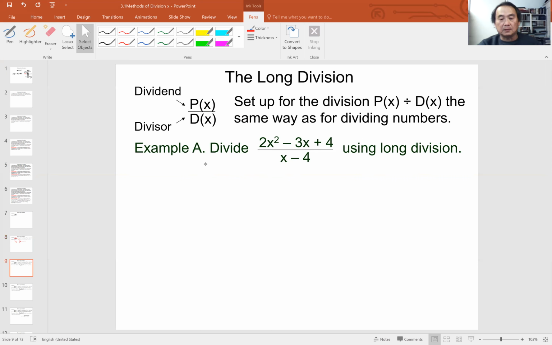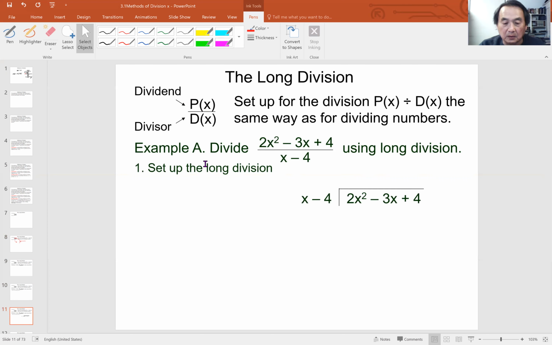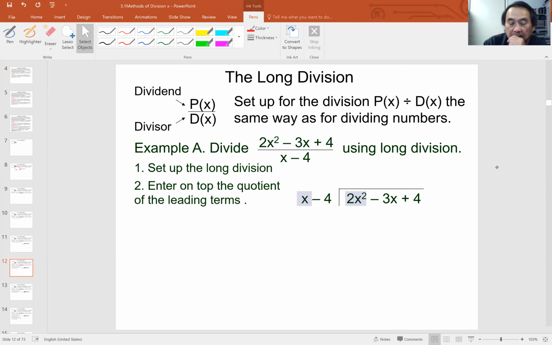Then, just like dividing numbers, we start scanning for quotients. We start with the first term and ask what multiplied by x gives 2x squared. It's 2x, so we enter the quotient 2x.